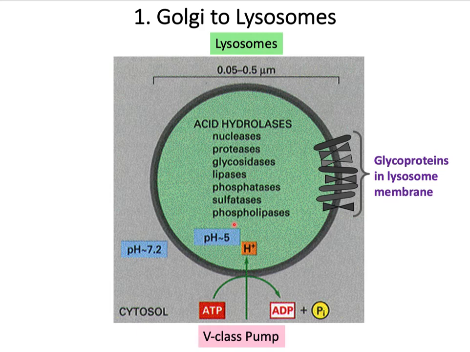For example, if there is a breach in the lysosomal membrane and some of these hydrolases spill out into the cytosol, you are now at pH 7.2 and they just don't work very well. So the cell is doubly protected from these hydrolases, and the membrane of the lysosome itself is protected from the hydrolases by this dense population of glycoproteins.